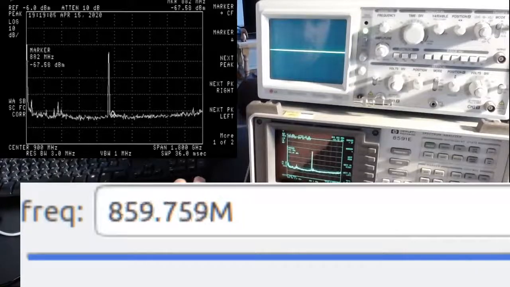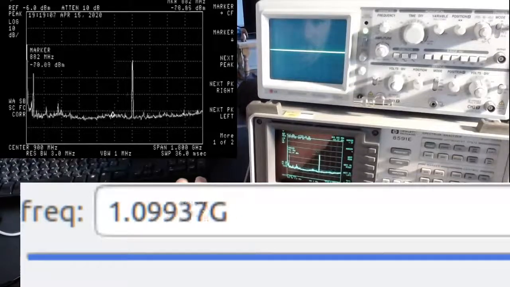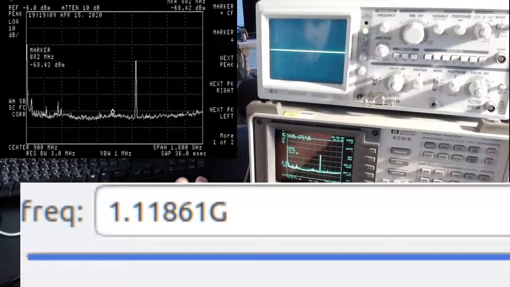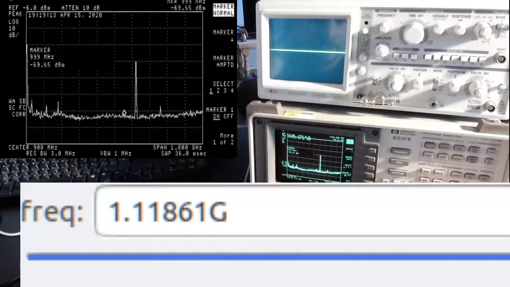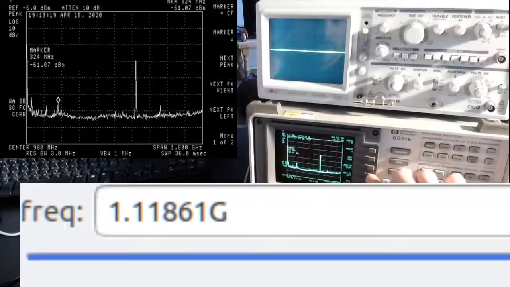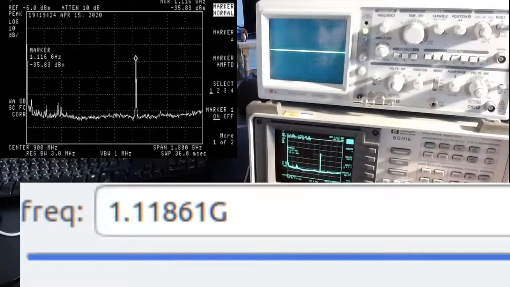Okay, definitely true here. And yeah, here it's pretty bad, I think. So we have our main signal here at, so peak search, next peak. Okay, so we have our signal at minus 35 dBm, but in this low side of the spectrum we have noise at minus 60.